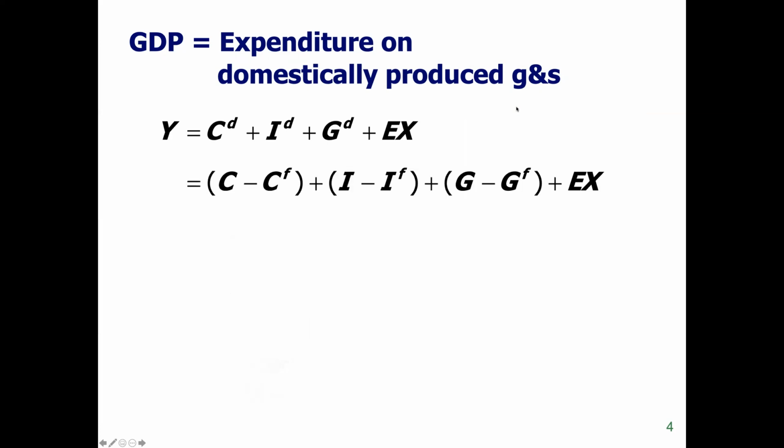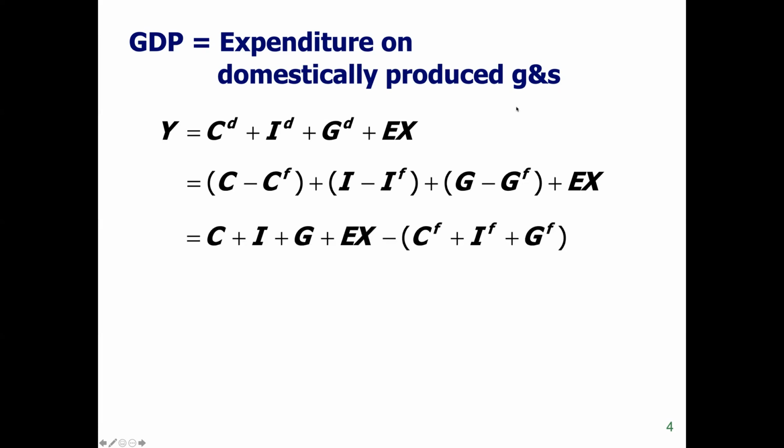Okay, so GDP is equal to expenditure on domestically produced goods and services. That is domestically produced consumption, domestically produced investment, domestically produced government purchases, plus exports. And we can write the domestically produced consumption as total consumption minus foreign produced consumption, same for investment, same for government purchases.